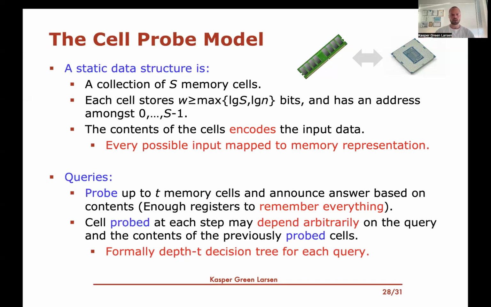In the CellProbe model, we call reading these cells probing them. So from here on, we'll say we probe up to T memory cells, and the cell that we probe in each step may depend arbitrarily on the query and the contents of previously probed cells. This is where the name of the model comes from, the CellProbe model.